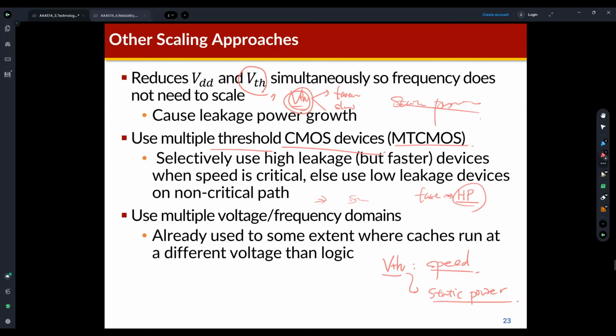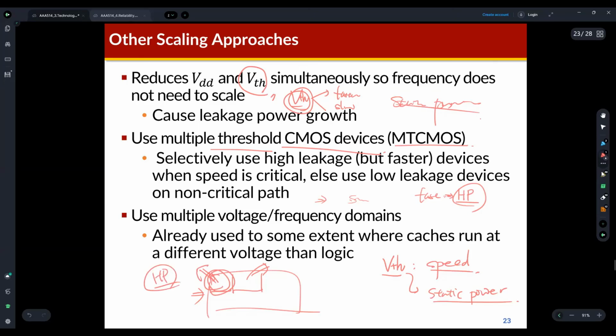But if we categorize our circuits into many parts, some parts need to work very fast, but some parts we can run very slowly. Some part is critical, like we need higher performance for some components, but for some other components we don't need high performance.